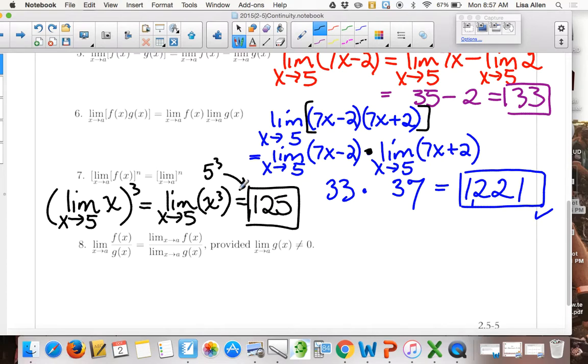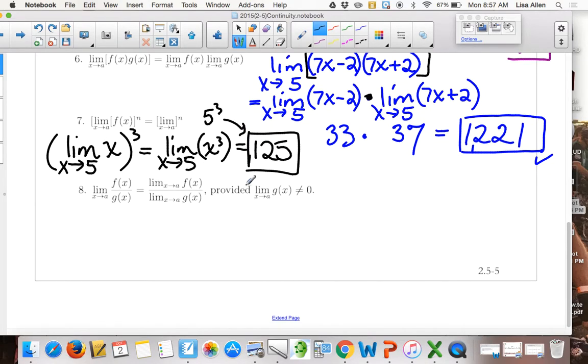And then the last one, number 8: the limit of a quotient is equal to the quotient of the limits. So how about this one, the limit as x approaches 5 of x squared plus 7x plus 1 over x minus 3.